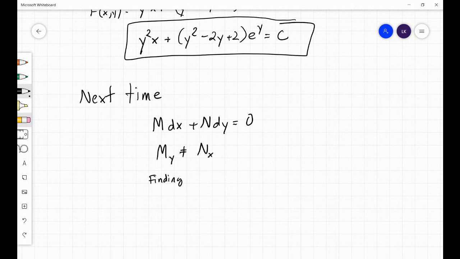So some function which multiplies both sides of the differential equation to force it to be exact. So let's say we call that integrating factor mu. In general, it's a function of x and y, but we can have special cases where it's just a function of x or just a function of y. It's a function of some combination of x and y, and so on.